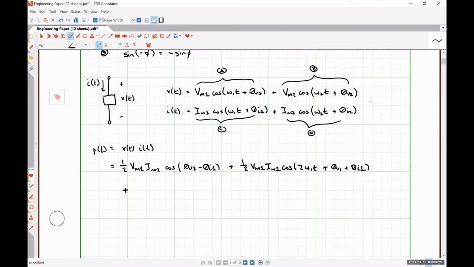Our next term will come from multiplying term B by term C. So we're going to have 1/2 Vm2 Im1 cosine of omega 2 minus omega 1 t plus theta V2 minus theta I1, plus 1/2 Vm2 Im1 cosine of omega 2 plus omega 1 t plus theta V2 plus theta I1.